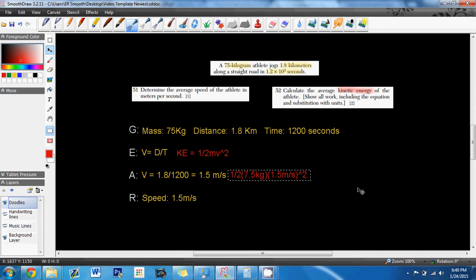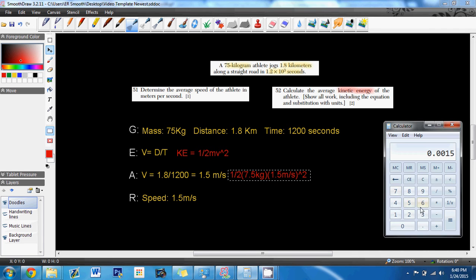Okay, so let's do the math. So first let's square the velocity, v squared.